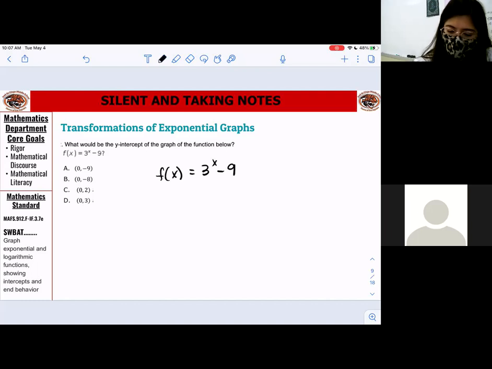So this is telling me k equals -9. So what is that telling me? How many units did it go and where? Down 9 units. But where are we starting from? From 3? No, not from 3. From 1. How come it's from 1?